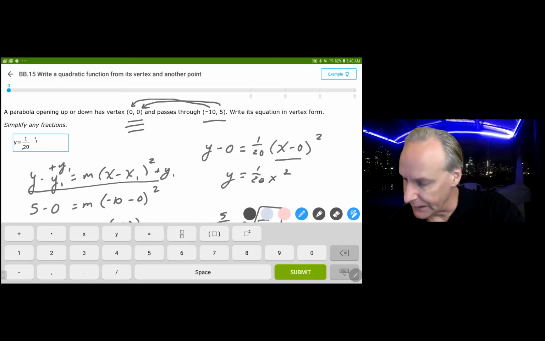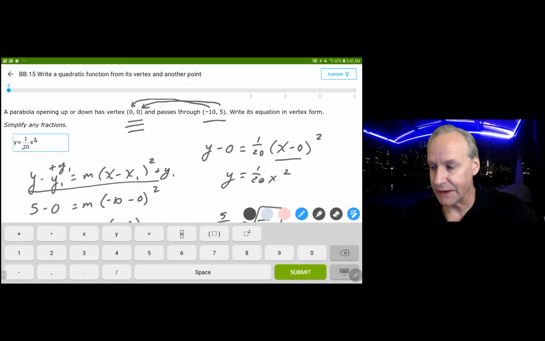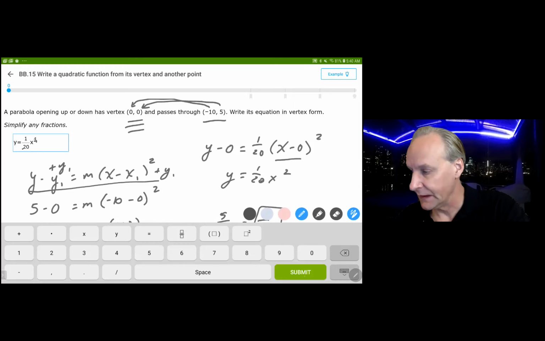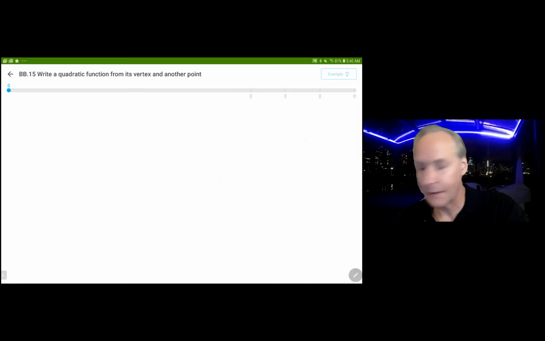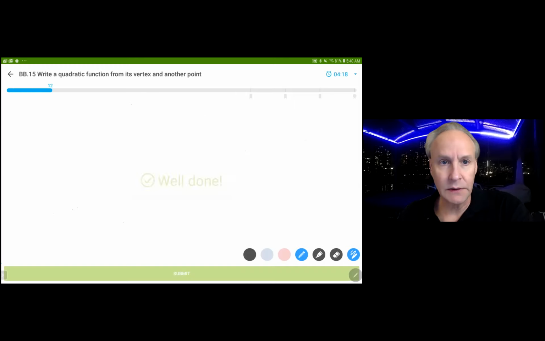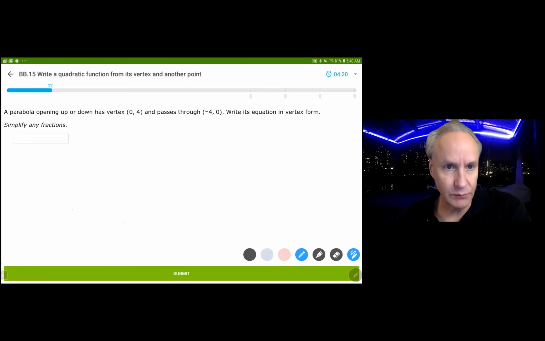So there it is, x squared, and that's it. Now you can check this by substituting both points in. 0, 0 clearly works, and if you put in the -10, 5, you're going to see that you actually get the right answer, and of course, it has to work for both points. But we want it in vertex form. So that's an important idea.